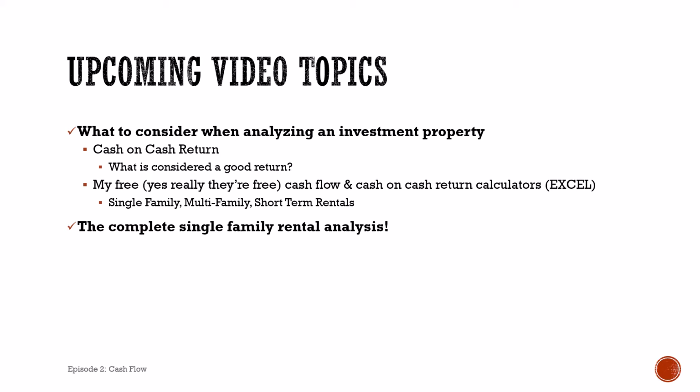And then we'll tie in cash flow, we'll tie in cash on cash return, and a slew of other topics that you need to keep in mind when analyzing a single family home. So we'll tie all that into one video. We'll talk about what is a good cash on cash return, what is a good cash flow value per month, in combination with these other factors.